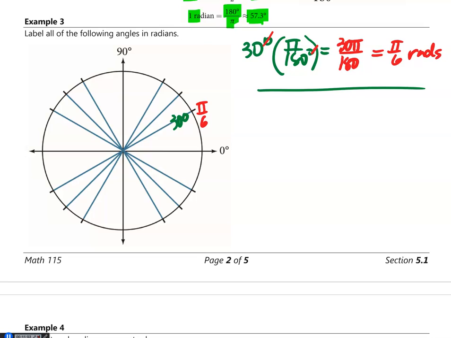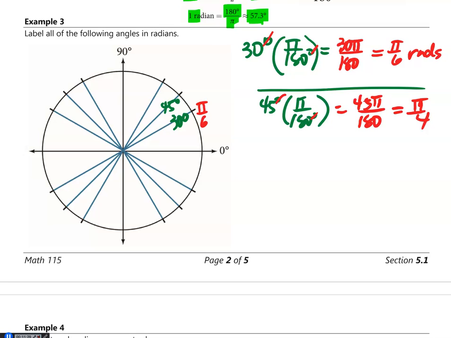Next one, this is 45 degrees. We do the same thing, 45 degrees times pi over 180. So that is 45 pi over 180, and that is equal to pi over 4 radians.